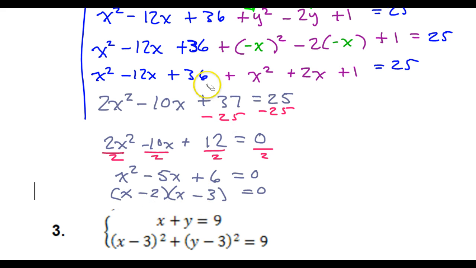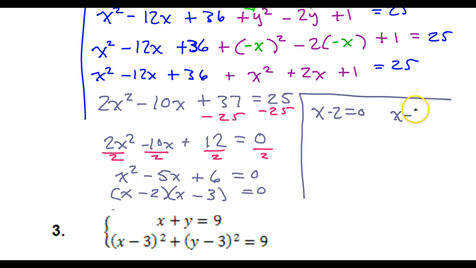So now that I have factored it, I can set these two factors equal to 0 and find the two solutions. So I'm going to go x minus 2 equals 0, and I'm going to set x minus 3 equal to 0.